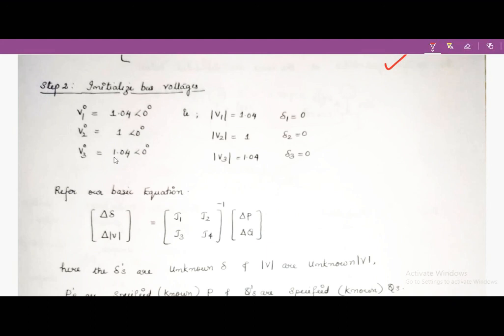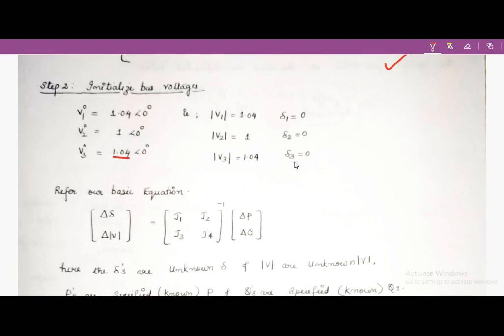In the third bus the magnitude is given as 1.04 and we assume the angle as 0 degrees. So I can write magnitude of V1 equal to 1.04 and angle delta 1 equal to 0. Similarly, the magnitudes of V2 and V3 can be written like this, with their corresponding angles delta 2 and delta 3. I hope this much is clear to you. These two steps are common for both the Gauss-Seidel method as well as the Newton-Raphson method.